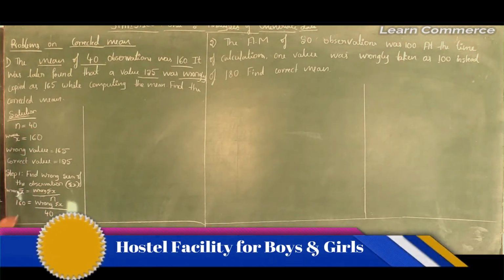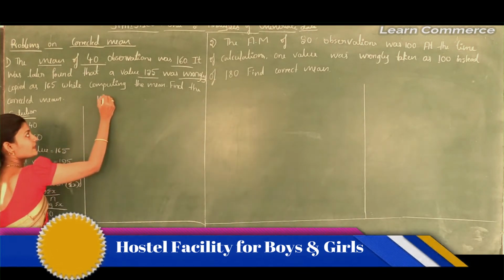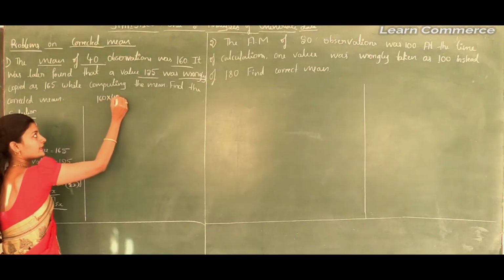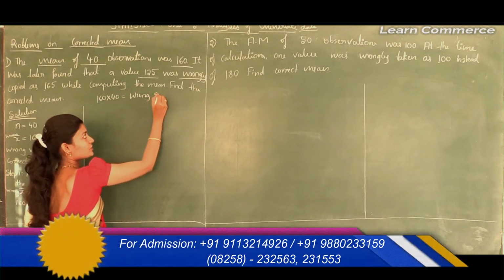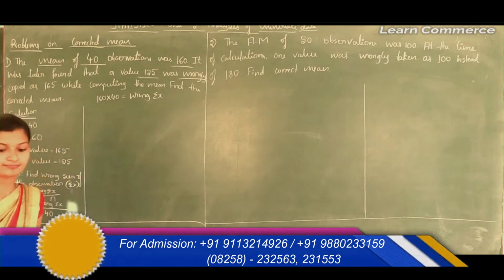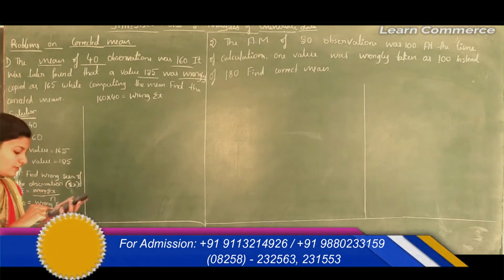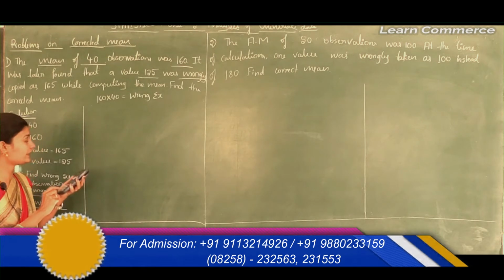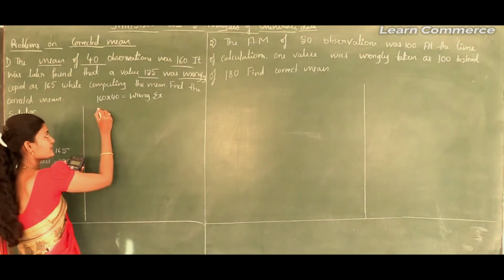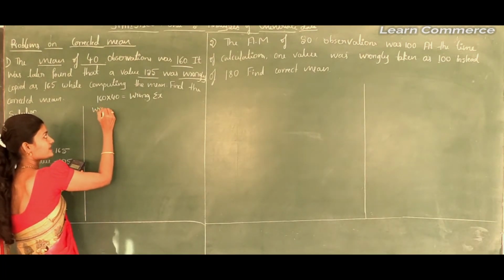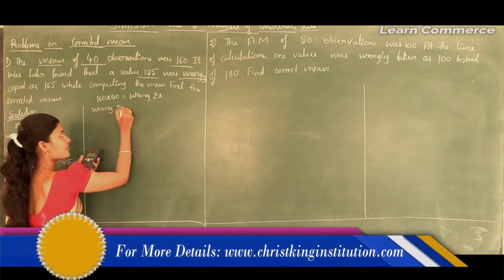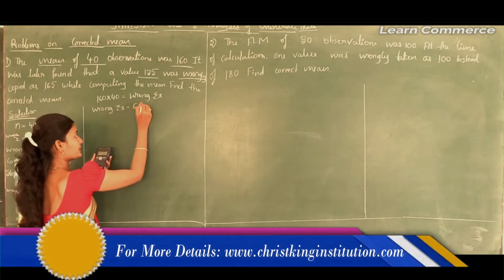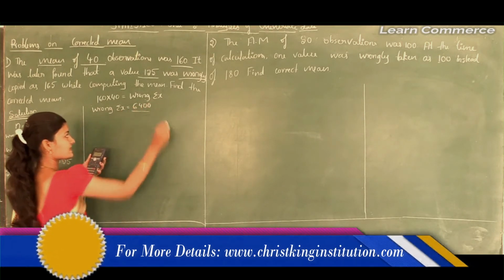Next I will cross multiply: 160 into 40 is equal to wrong summation x. 160 into 40 is 6400. So the wrong summation x, or wrong sum of the observations, is 6400. This is step 1.